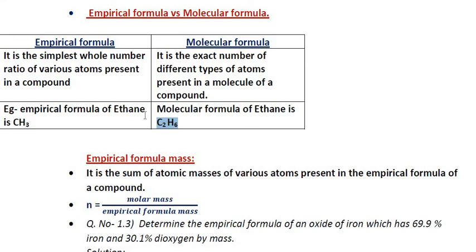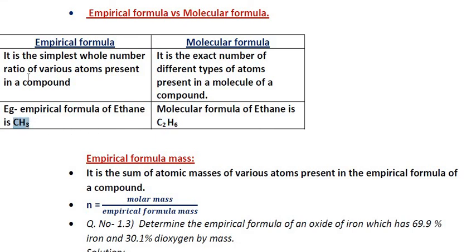But then what is the difference from empirical formula? The empirical formula of ethane is CH3. So CH3 is representing the simplest whole number ratio. You can see that ethane is made up of C2H6, that is 2 atoms of carbon and 6 atoms of hydrogen. So when we find out the simplest ratio, it comes out to be CH3.